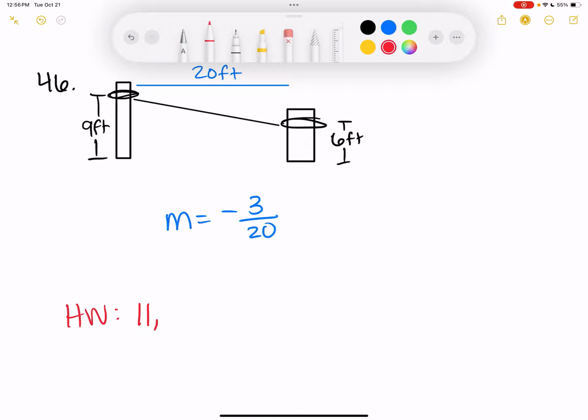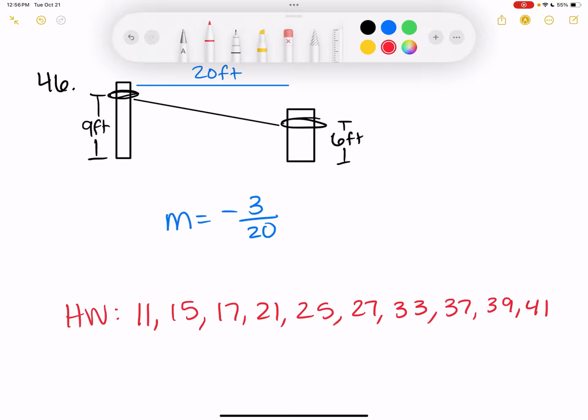Just say like L1 and then write the 2 points, L2 and write the 2 points, and that's sufficient for copying the problem over. 11, 15, 17, 21, 25, 27, 33, 37, 39, 41, and 43.